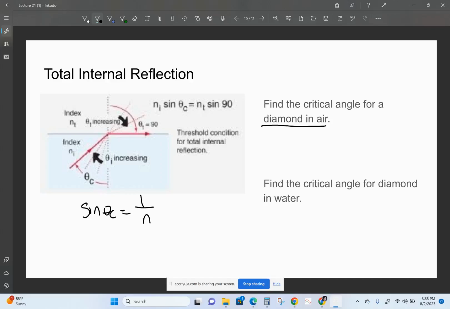It would be different otherwise: it would be the n that we're going out into divided by the n that we're in, that we want to find the index of. So in this case, the n of diamond is 2.42. If I want to find the critical angle for diamond, it's going to be 1 over 2.42, inverse sine.